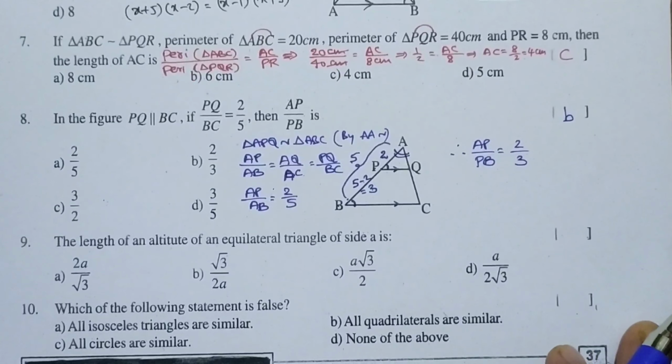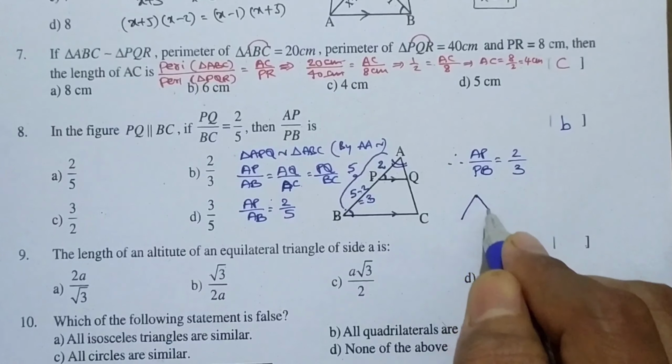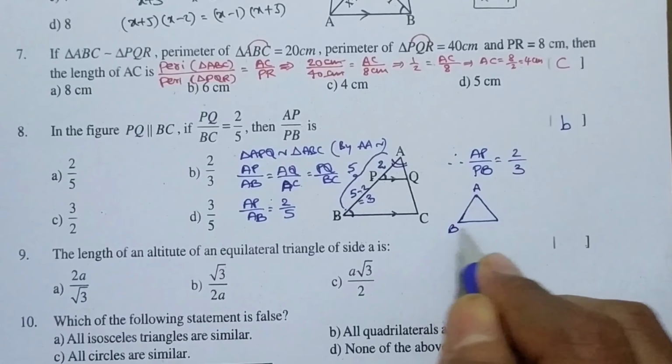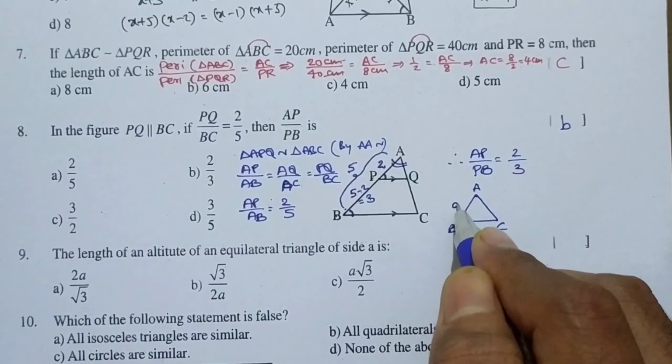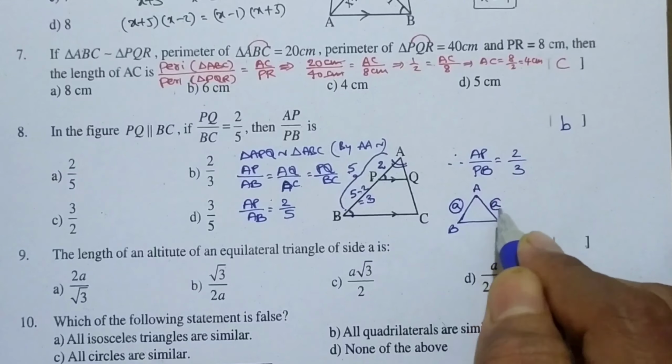Now we see question number 9. The length of an altitude of an equilateral triangle whose side is A. So here let us draw an equilateral triangle with the side A. Let us name it as ABC. This is A, AB is A, AC is A. If we draw one perpendicular, that is nothing but the altitude.